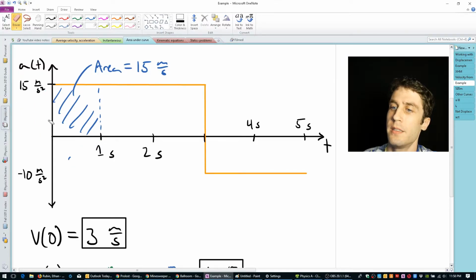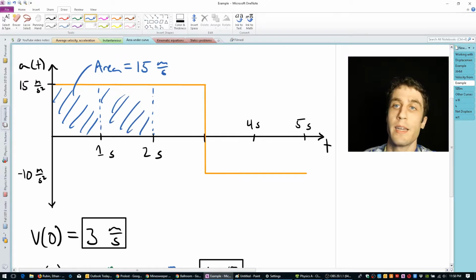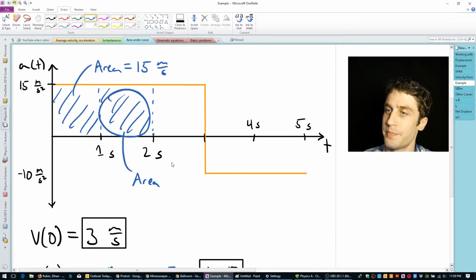Okay. After 2 seconds, it continues to accelerate at that constant rate. And again, the area of this new square, of the second little square that I've filled in, is once again 15 meters per second, because it's 15 meters per second squared over a time interval of 1 second.